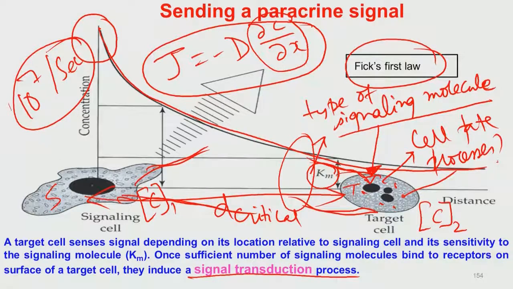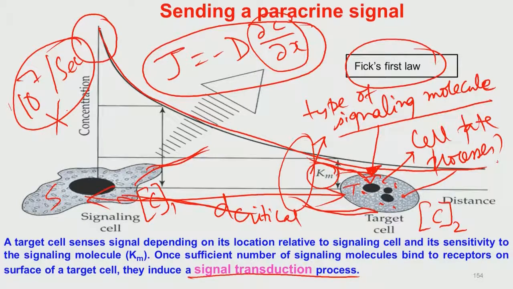But when cells are farther apart, this number may not be correct. This 10 to the power 7 molecules per second is more for tightly spaced cells, not when two cells are physically separated by a certain specific distance.